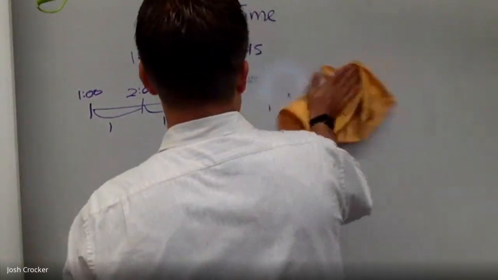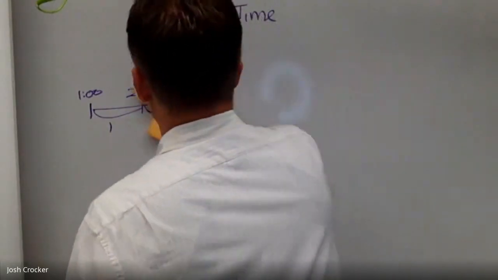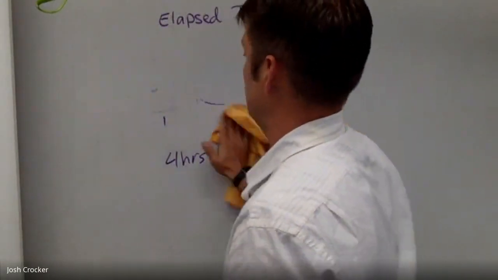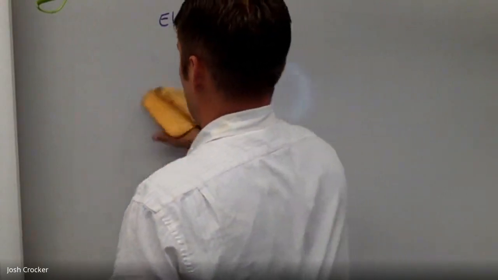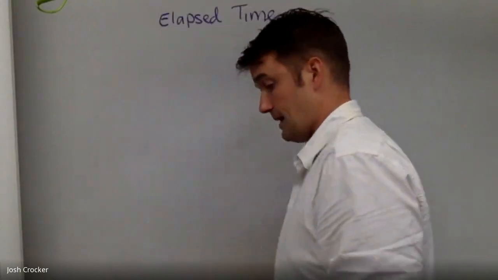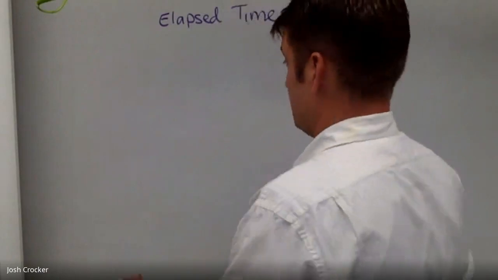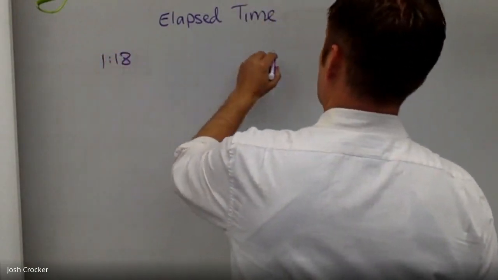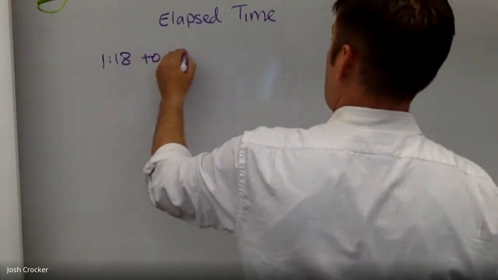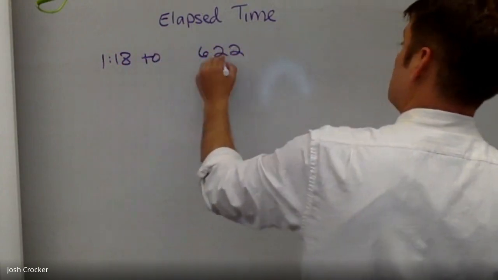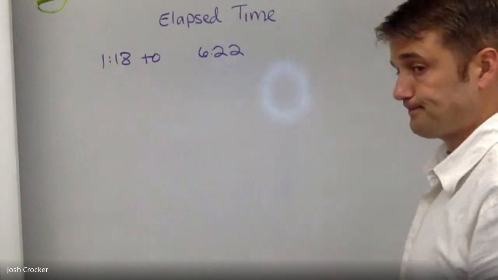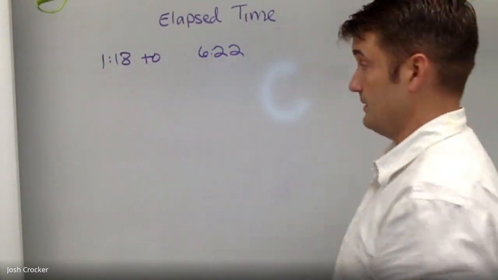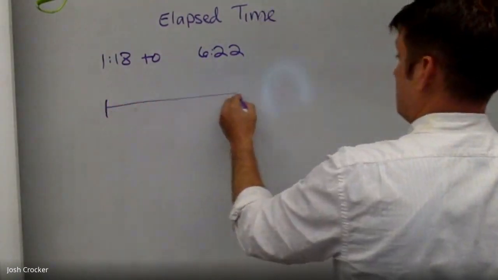The ones that can be a little tricky are when they give you an odd start and stop. So like, let's say it's 1:18 to 6:22. Okay, here's how you can do these. So use a timeline.